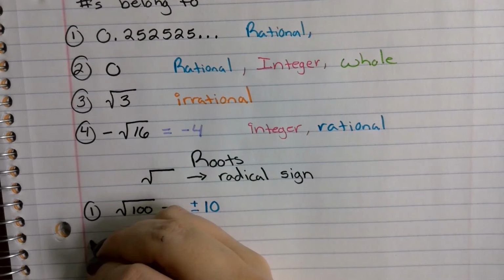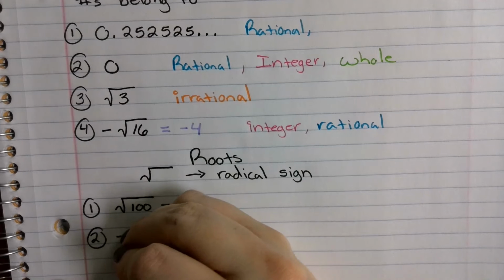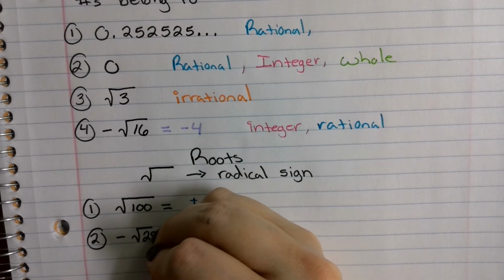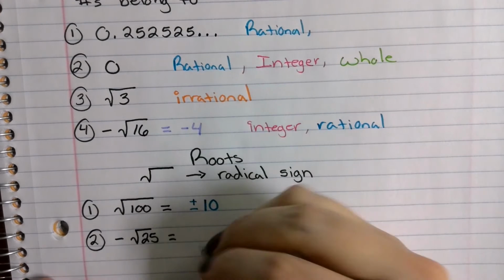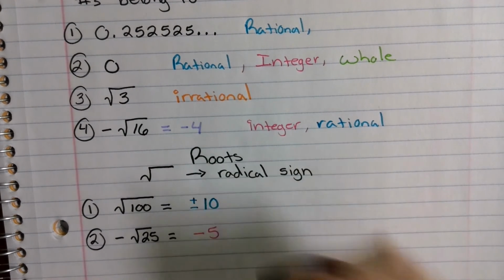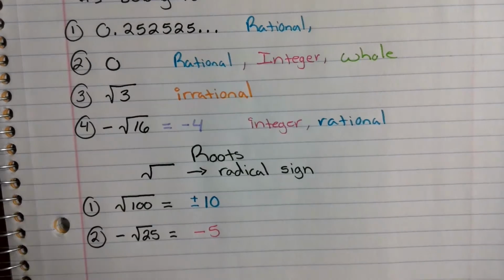Now, sometimes we will indicate to you that we only want a specific root. So if I were to indicate a negative square root of 25, then that means I'm only looking for one root. What kind of root am I looking for? A negative 5. And again, they don't always have to be whole numbers.